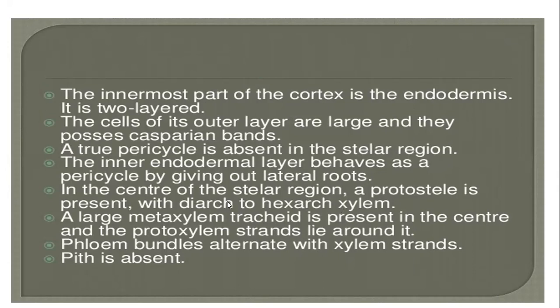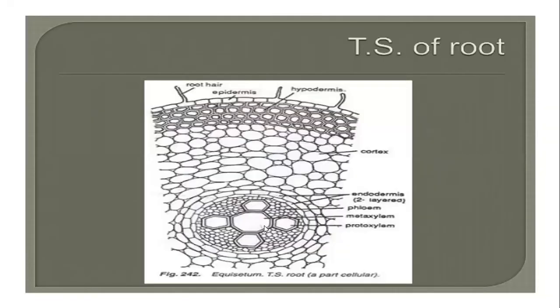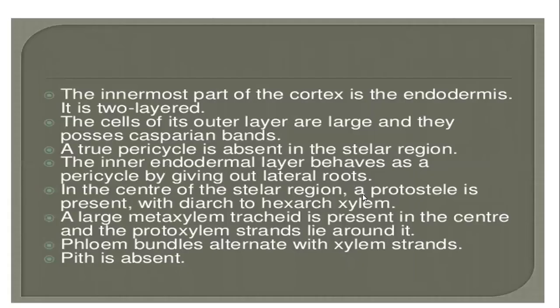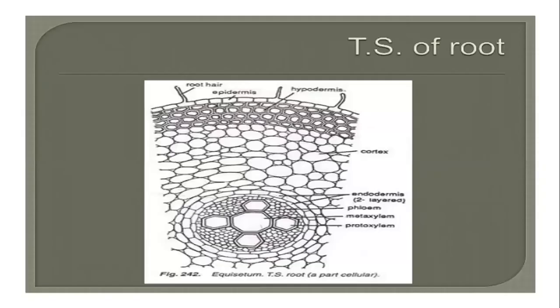The number varies from one species to another. A large metaxylem tracheid is present in the center, surrounded by the protoxylem. The phloem bundles alternate with the xylem strands, and pith is absent. There is no pith.